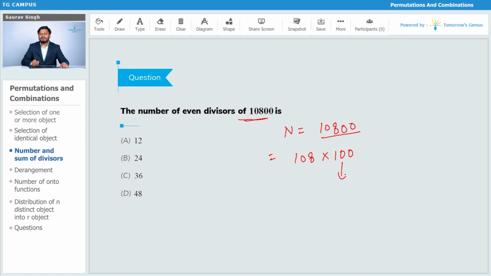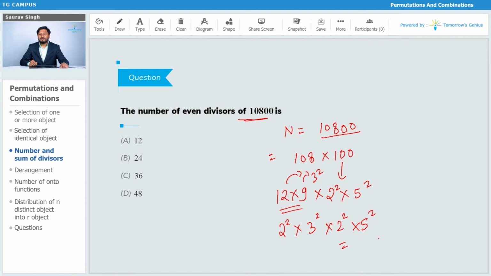And how can 100 be factorized? 2 raised to the power 2, that is 4, into 25, that is 5 square. Now what is 108? It is 12 into 9. So what is 12? 4 into 3, that is 2 square into 3. And 9 is 3 square, and we have one 3 from here. So it is 3 cube into 2 square into 5 square.